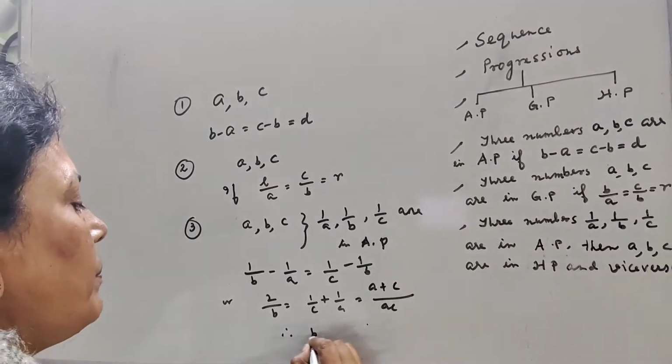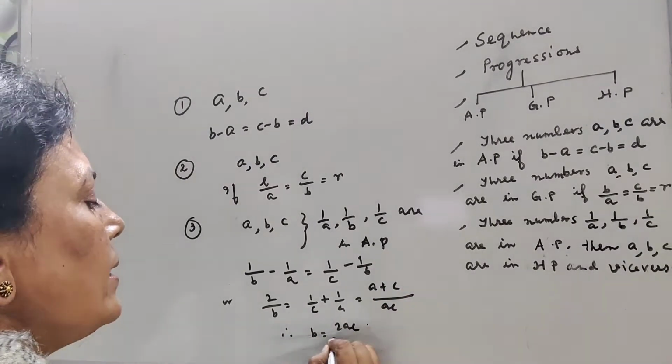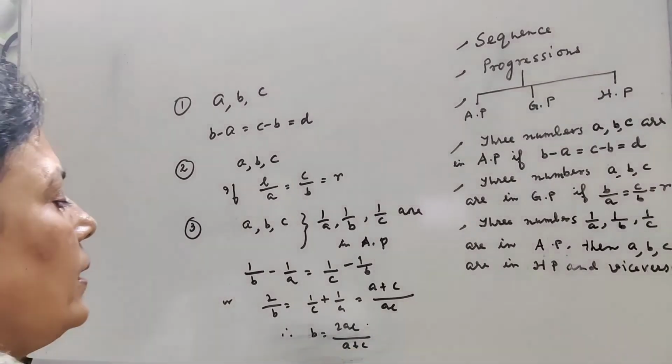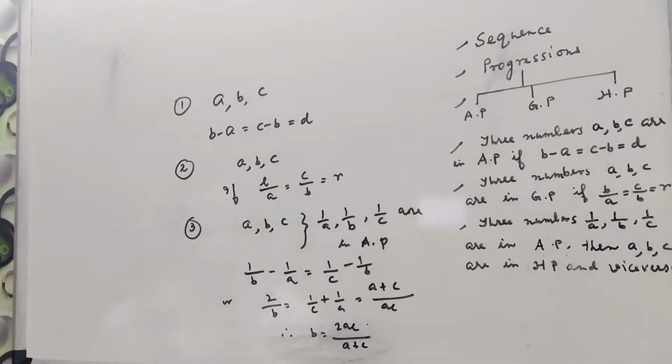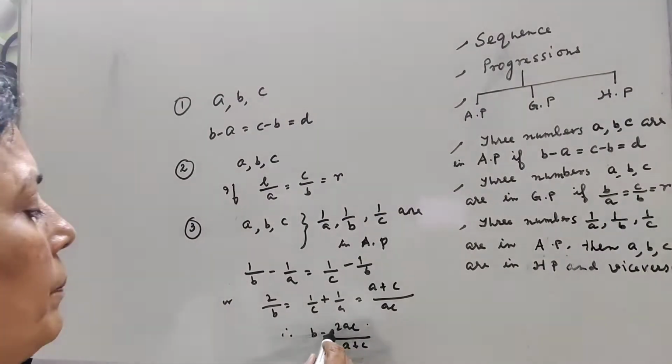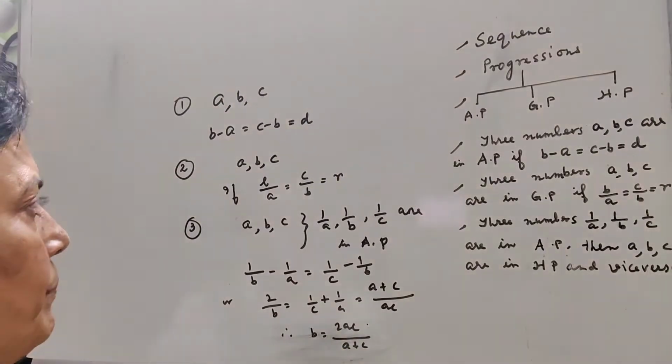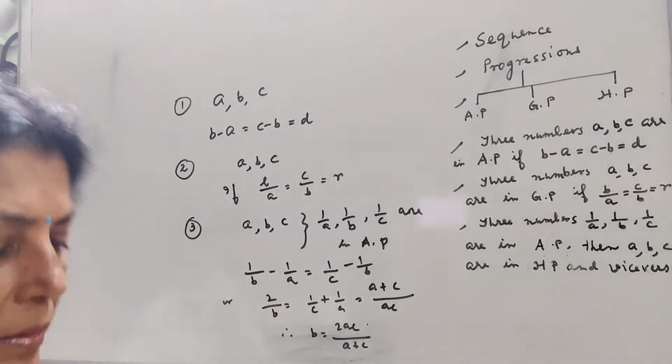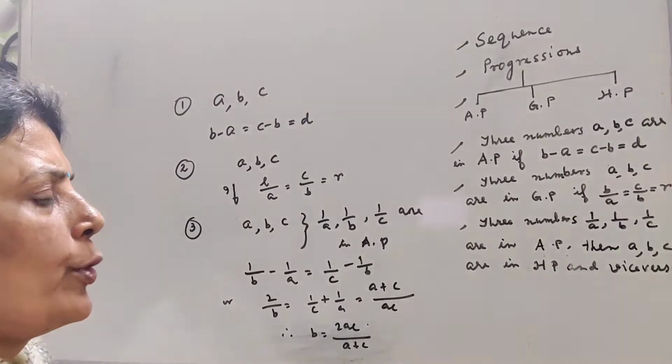So we can say B is equal to twice AC by A plus C. In case of harmonic progression, B is equal to 2AC by A plus C. So these are three different types of progression.